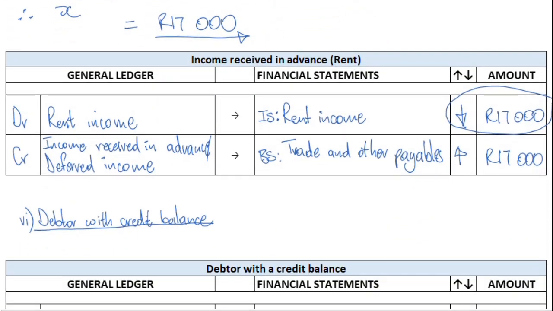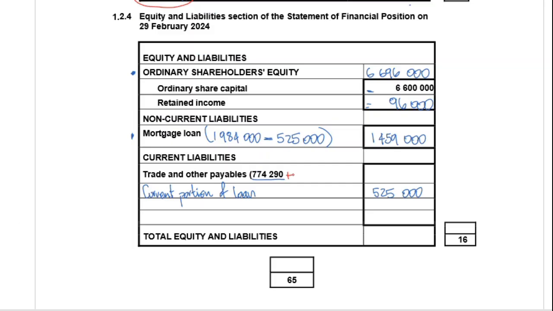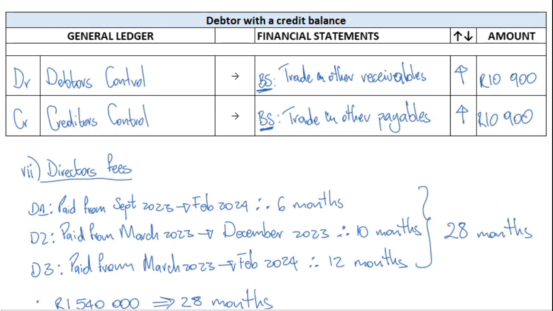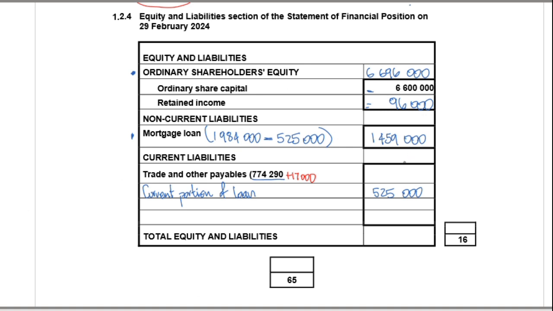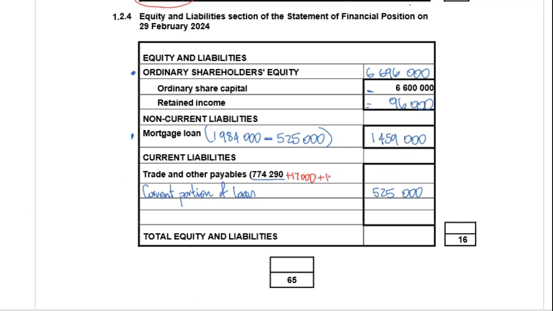The first one is the adjustment for rent income. We said we have to increase the trade and other payables line item by 17,000. The next adjustment affecting the equity and liability section of the balance sheet is for the debtor with a credit balance. We said we have to increase that line item by 10,900 rands.